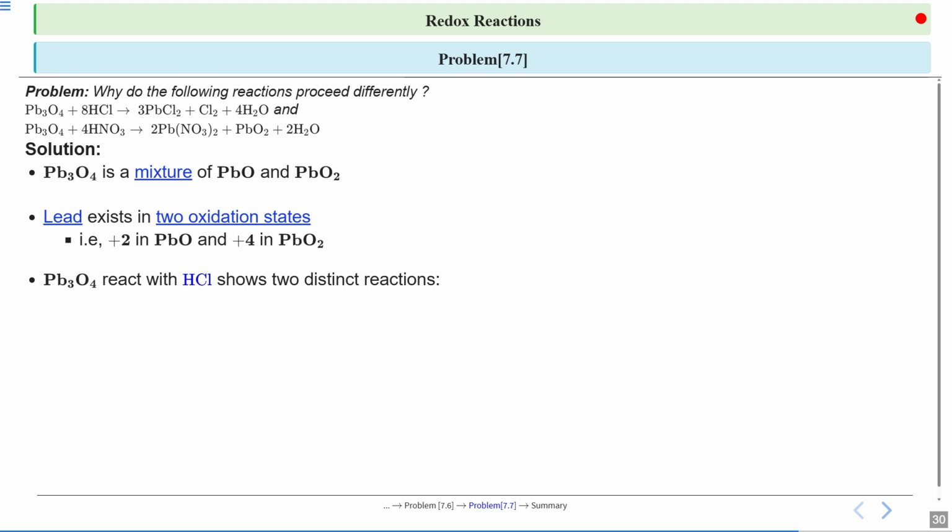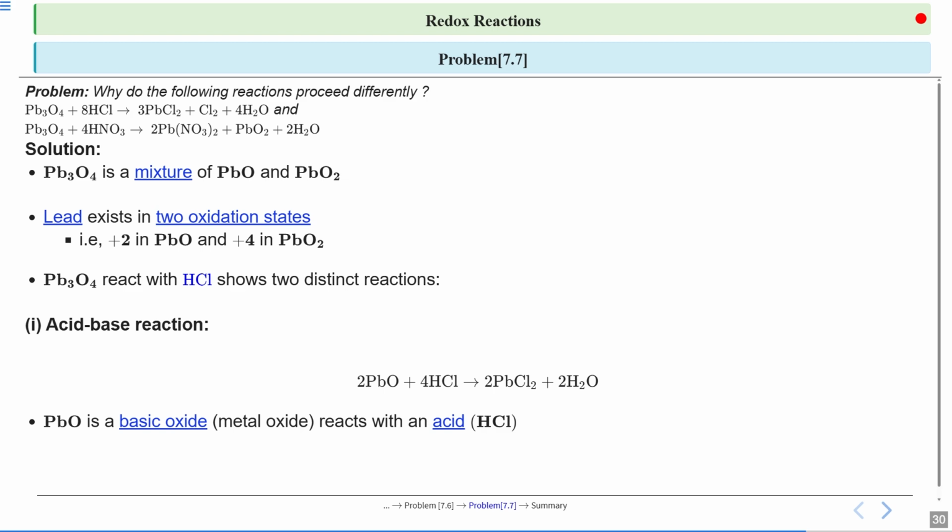The first one is the reaction between acid and base, that is the acid-base reaction. Here, the lead oxide reacts with HCl to form PbCl2 plus water. On balancing this equation, we get 2 PbO plus 4 HCl gives 2 PbCl2 plus 2 H2O.